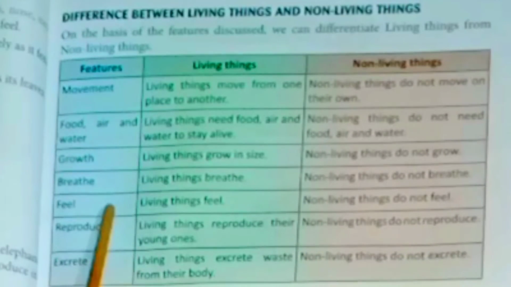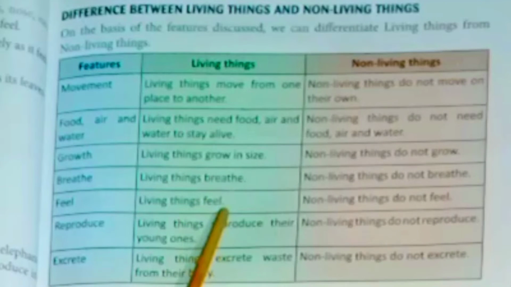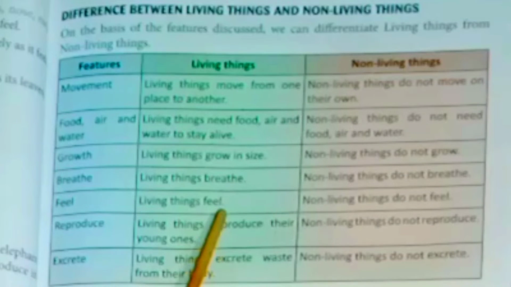The next point is feeling. Living things feel, non-living things do not feel. If somebody beats you, what will you do? You will feel angry. If somebody is touching you from behind, you will turn your face to see who that person is. So we can say that living things have feelings. If anybody says a bad thing to you, you become sad.